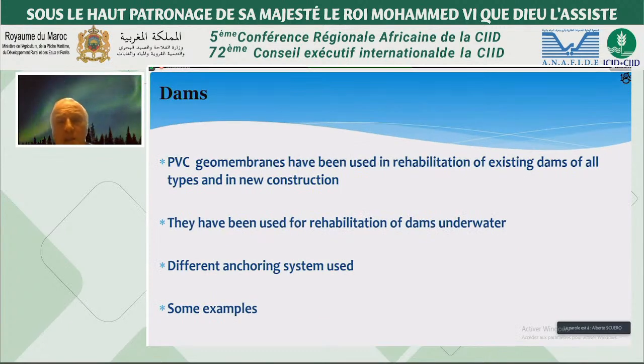PVC geomembranes have been used in rehabilitation of existing dams of all types and in new construction. They have been used for rehabilitation of dams underwater. There are different anchoring systems used.